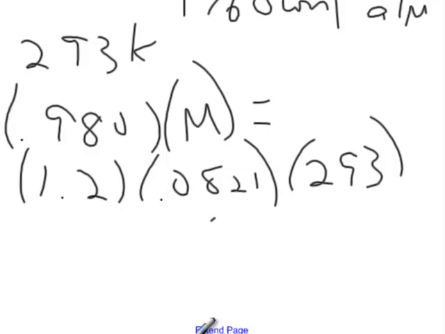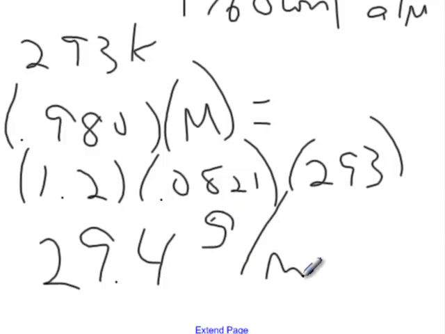This time it would be 1.2 times 0.0821 times 293 divided by 0.98, which gives us 29.4, and the units there would be gram per mole. Done.